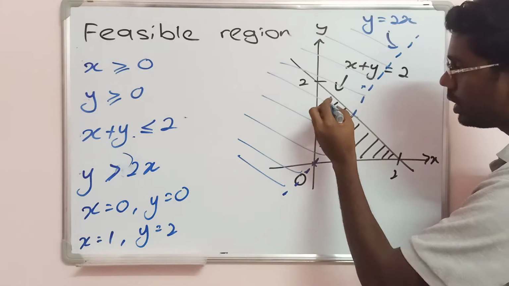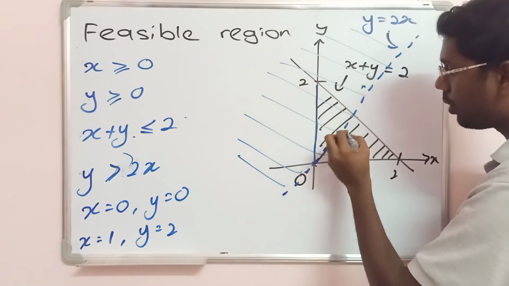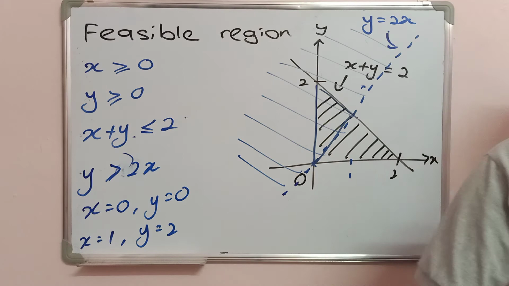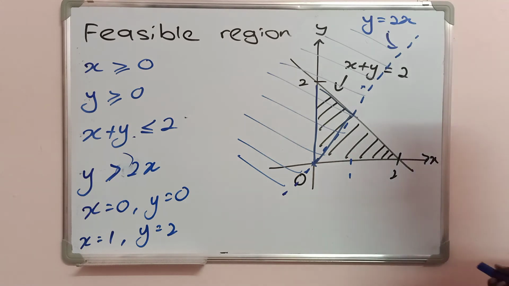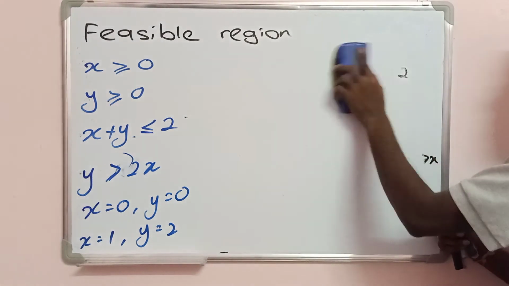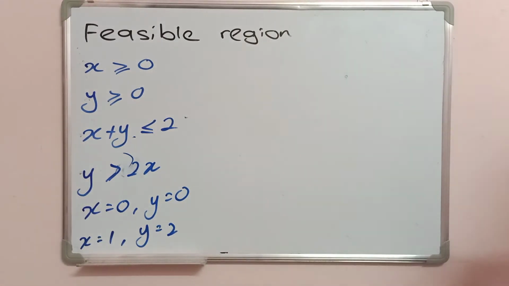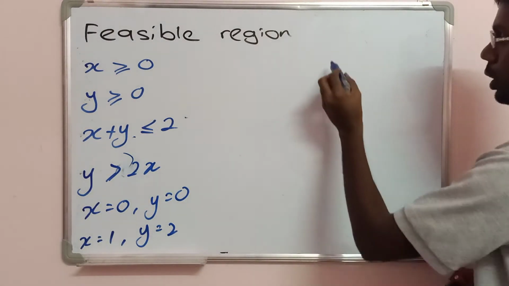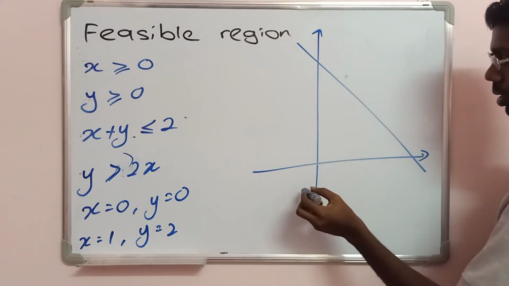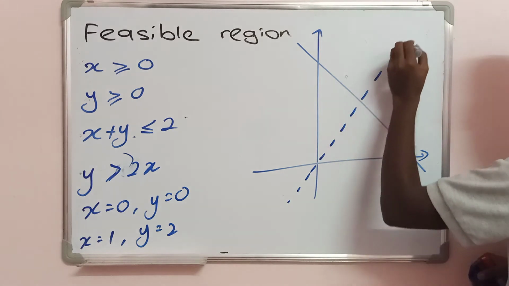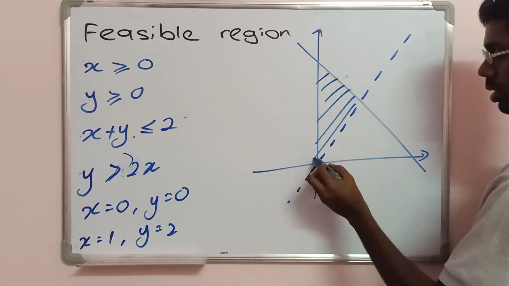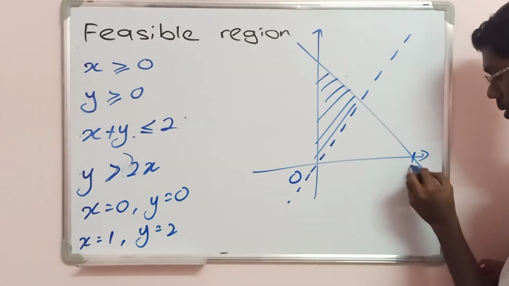Therefore, if you notice here, this is the only place where we have two lines together or intersecting. So my final answer is going to be 0, 2.